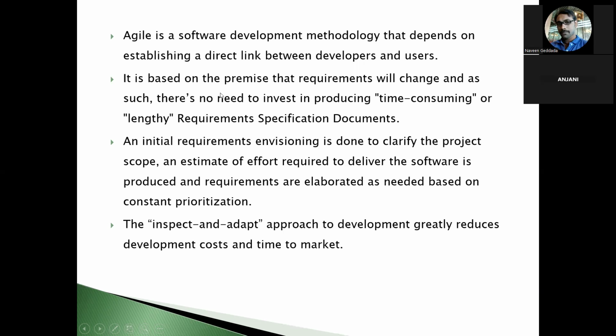Now in Agile, we will have a direct link between the developers and users, where a developer can also interact with the business user, because the process itself is organized in such a way that whenever the requirements discussion happens in this model, there will always be an interaction with the team.